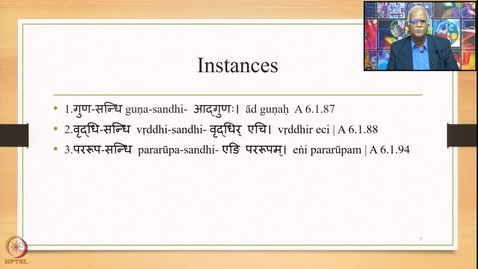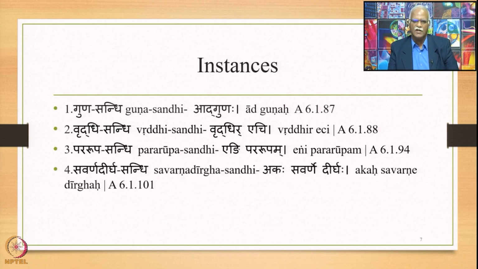The third one is Pararupa Sandhi stated by the Sutra Engi Pararupam and some other sutras. Engi Pararupam is 6.1.94. Fourthly, Akassavarne Dirghaha is the sutra stating the Savarna Dirgha Sandhi.